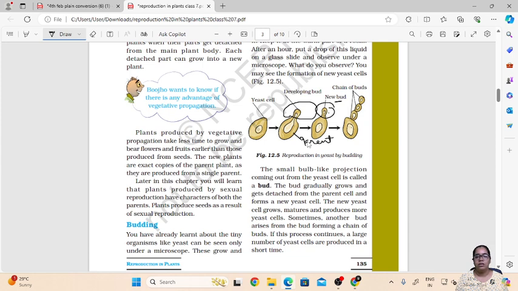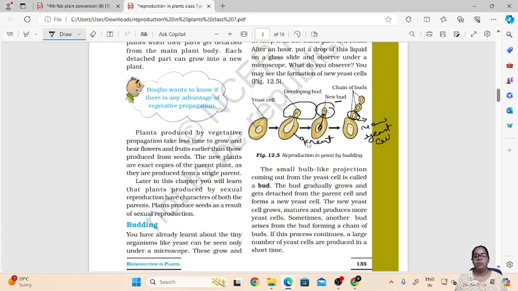So this content from the parent is transferred to the new bud. So after separation of the cytoplasm, it develops into a new individual. So this is the new yeast cell.